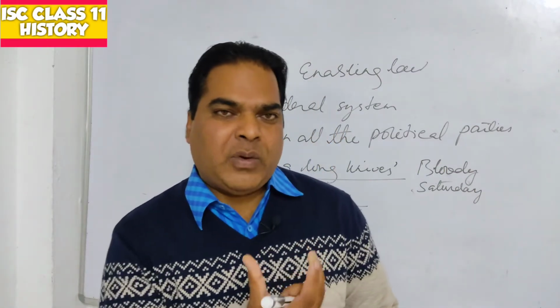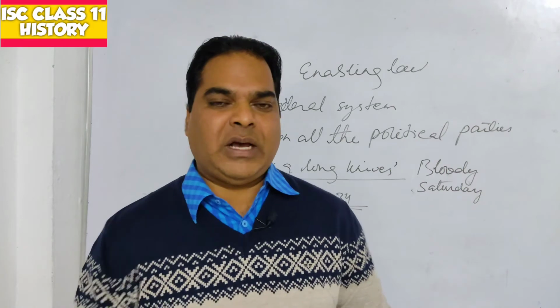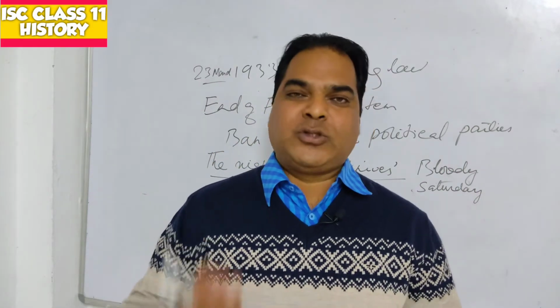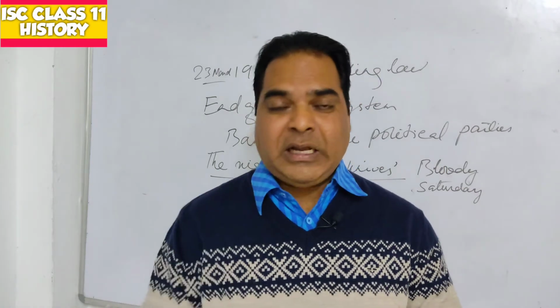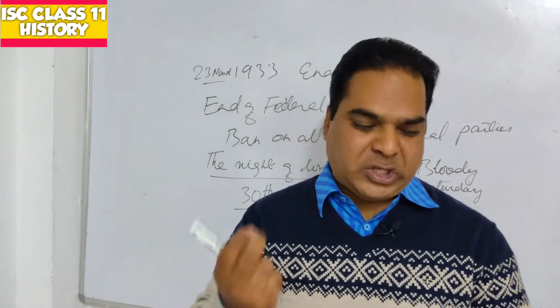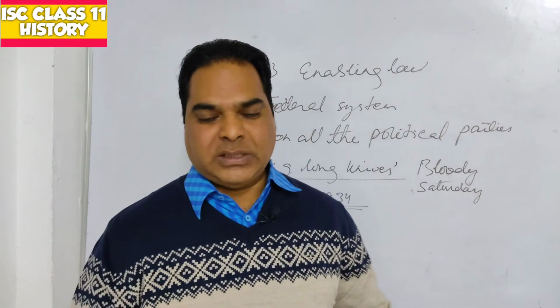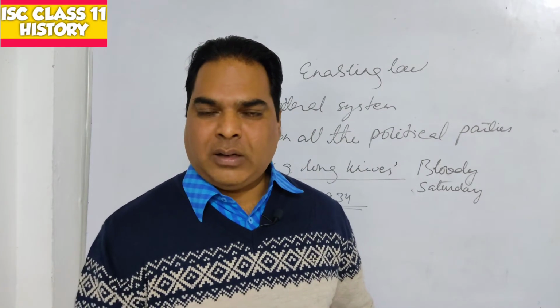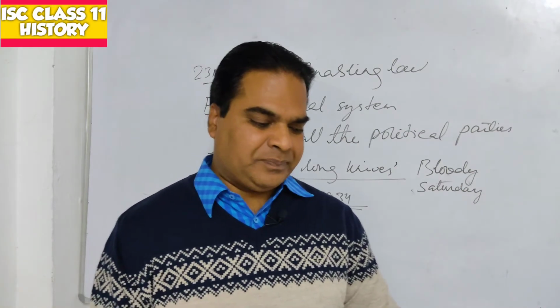Now see, one by one he is trying to bring all the changes. Now the army also is completely brought under his control. So from this time onward, Hitler became the commander of the German armed forces. Now whatever he wants, he can do with the help of the army.